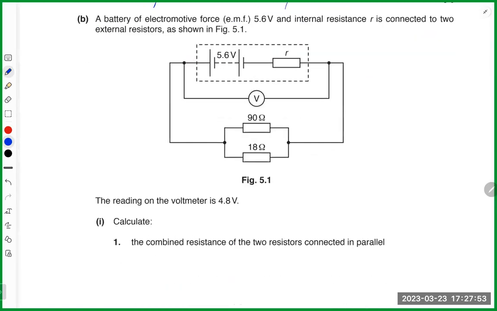Now, a battery of electromotive force 5.6 volt and internal resistance r is connected to two external resistors.